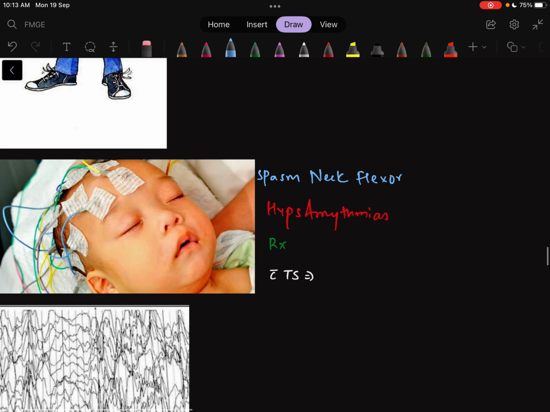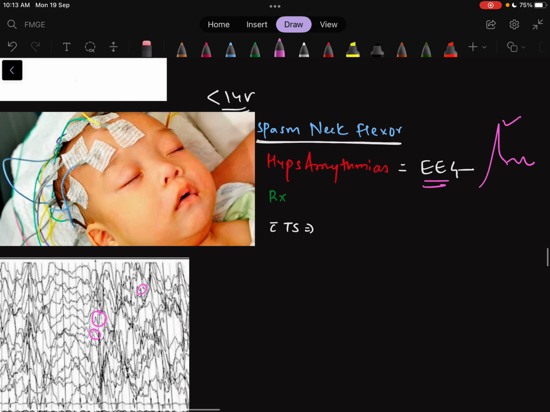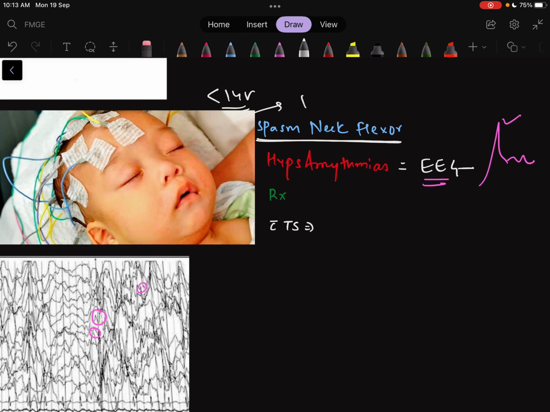Next one is an infant less than 1 year, and there is spasm of neck flexors. On EEG there is hypsarrhythmia, like this. These are hypsarrhythmias on EEG. The diagnosis is infantile spasm.